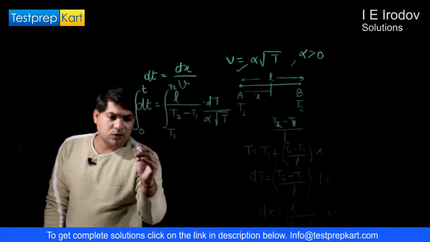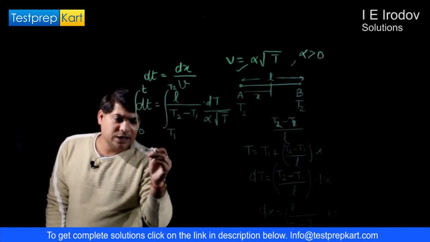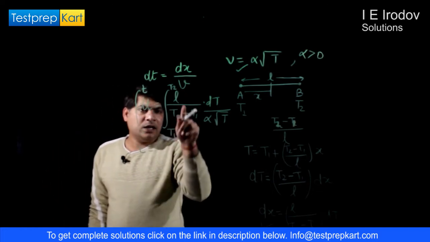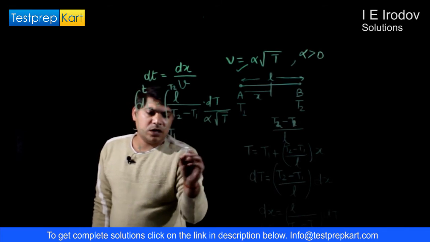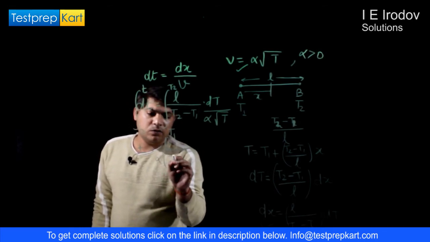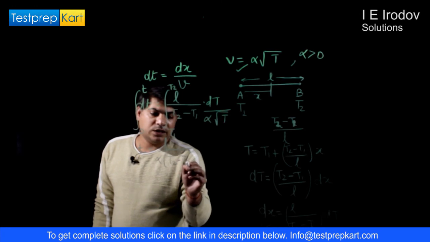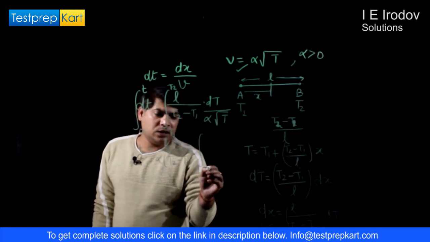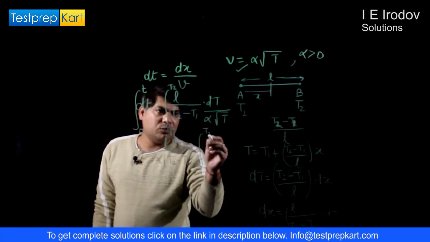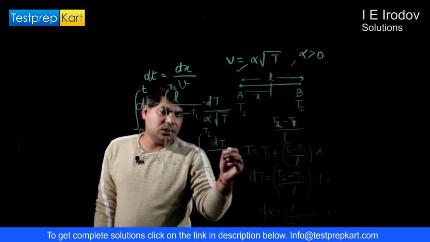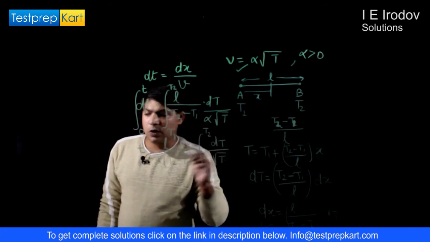On the left side we get t, on the right side L over alpha into (T2 minus T1) are constants, and from limit T1 to T2 it is dT over root T.